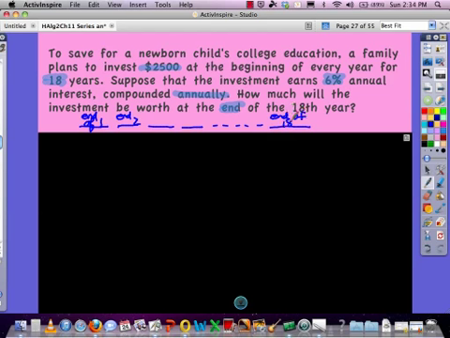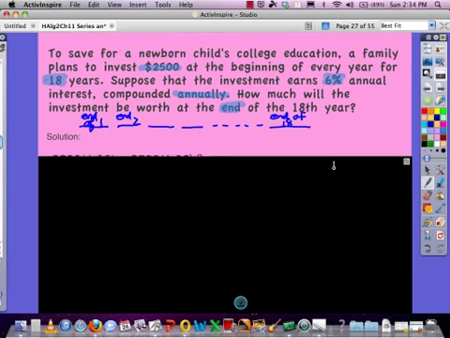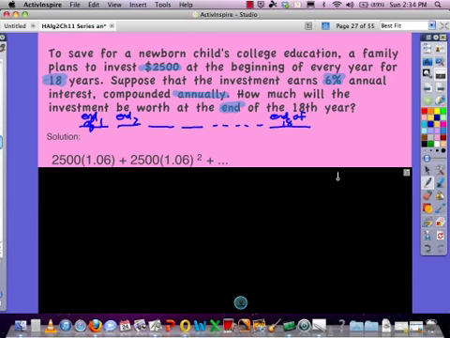Okay, with that, let's now put in what we know and decide, again, what we don't know and start solving for it. So I think if we start thinking about this sequence, it's going to be that 2,500, but we have to do the investment. So if we do the investment on it, that's the number that's going to represent the end of the year, whereas the 2,500 by itself would have been the beginning of the year.